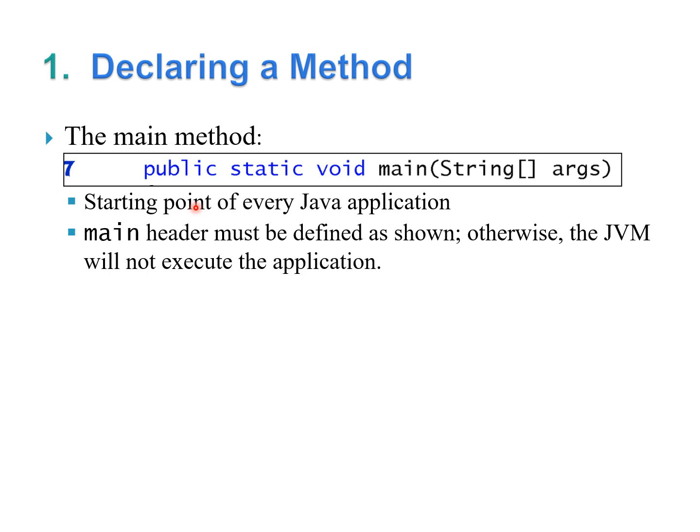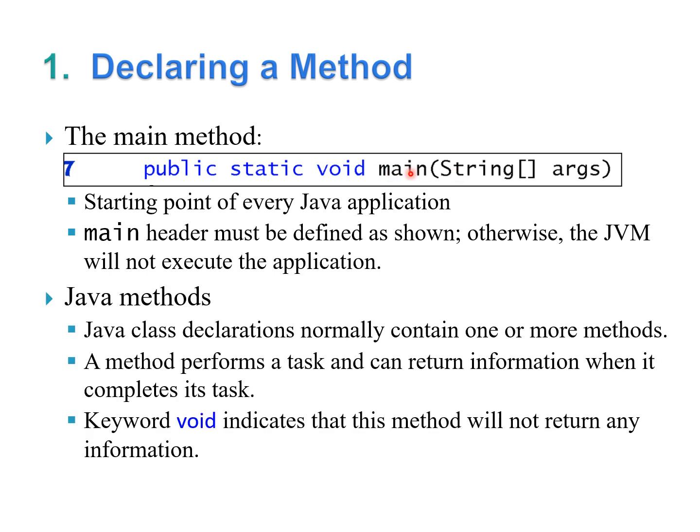A Java application can have more than one class, but one and only one class has the main method. The header of the main method declaration must be defined exactly as shown in this line. Otherwise, the Java virtual machine will not execute the application.